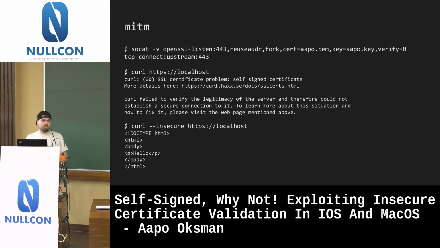Just search for curl and insecure in the same line, and if you find it, there's a vulnerability. There is a shorthand, -k, which is a little bit harder to find, but still, you can just grep for these.